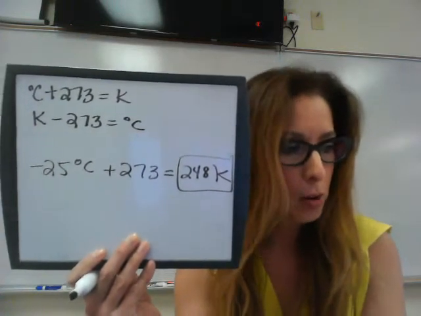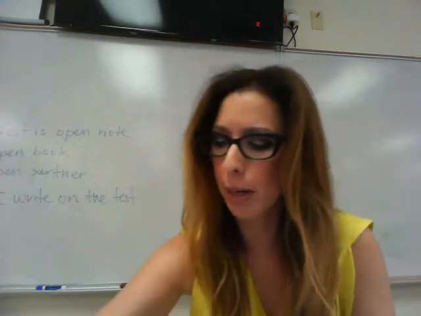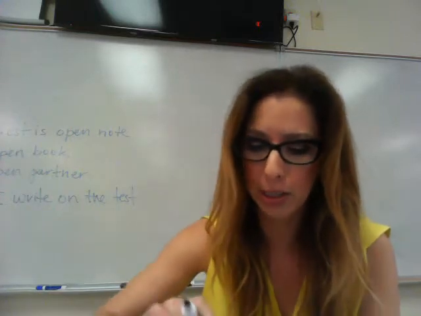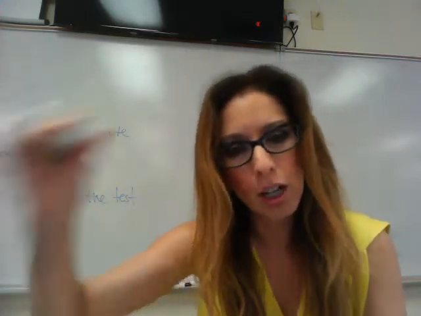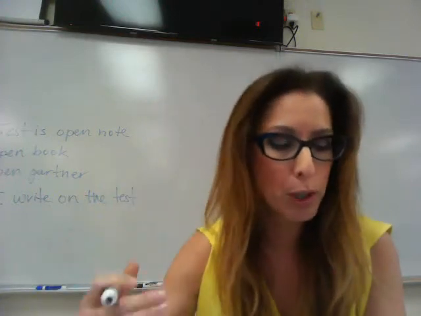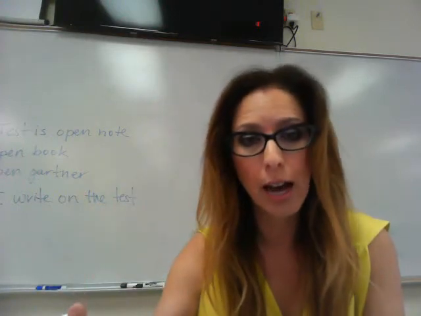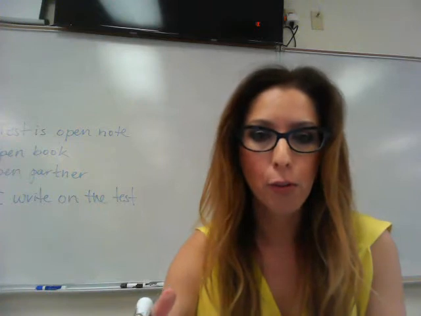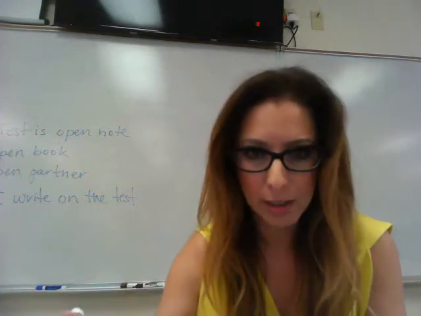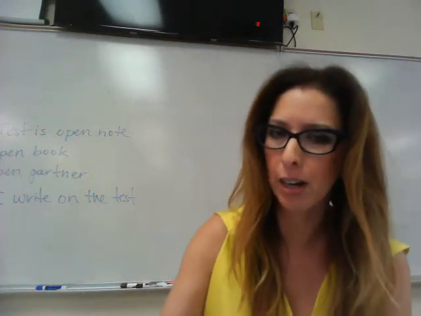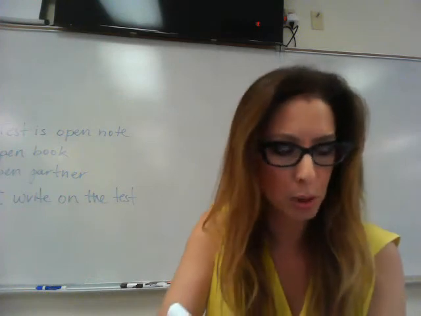Okay, now, when we're talking about degrees Fahrenheit and degrees Celsius, there are a couple of other equations. You can memorize one of them, and then if you're really good at rearranging for variables, then great, go ahead and do that. But if you're not, I would suggest memorizing these two equations.